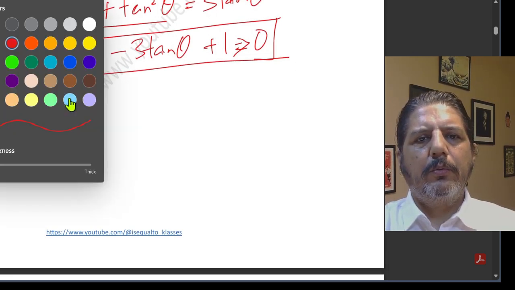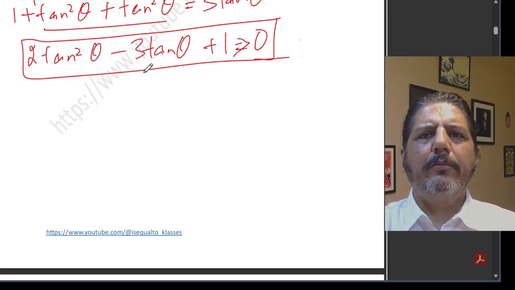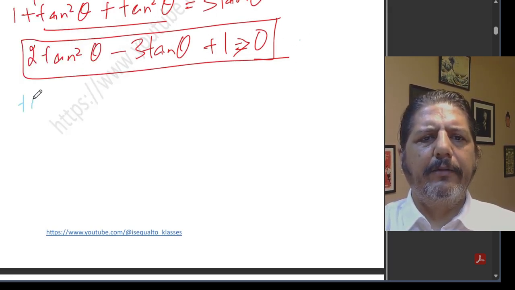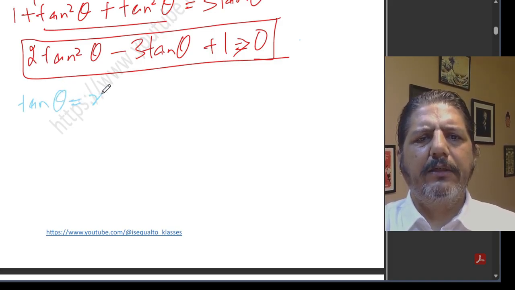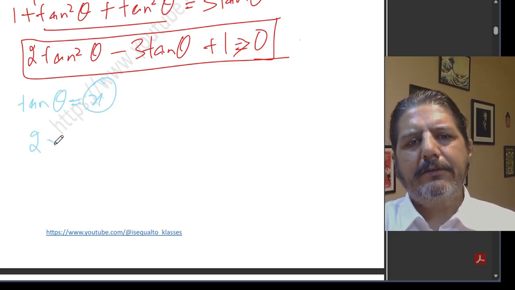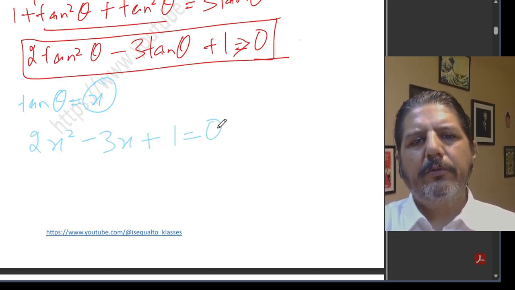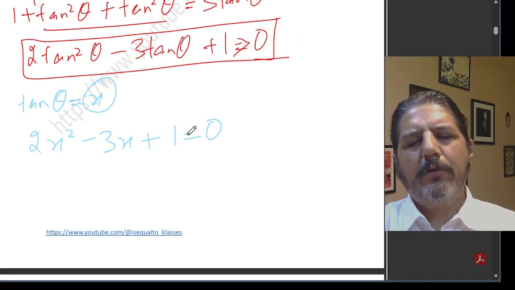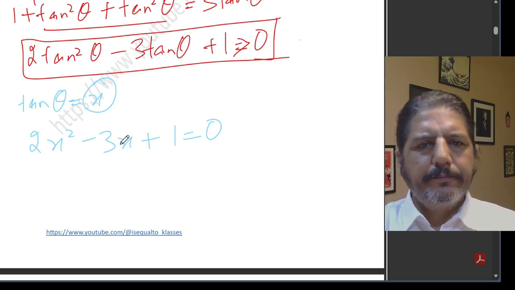Now, just to make it simple and avoid repeating tan theta again and again, let me replace tan theta by x, so that it becomes simpler to write. So I'll write this as 2x square minus 3x plus 1 is equal to 0. As you can see, this is a quadratic equation.